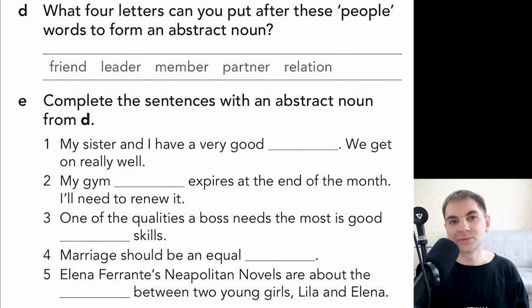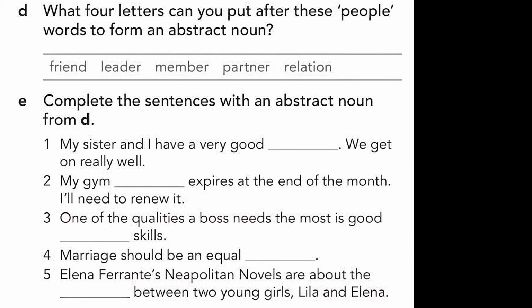And then, with these freshly created words, complete the sentences with an abstract noun from D. Look, these can be a little confusing if you haven't seen this word ending before. That's normal. Try your best to guess the suffix and fill in the gaps, but don't worry if it's tricky. The important thing is that you will learn these useful words when we go through the answers together afterward.